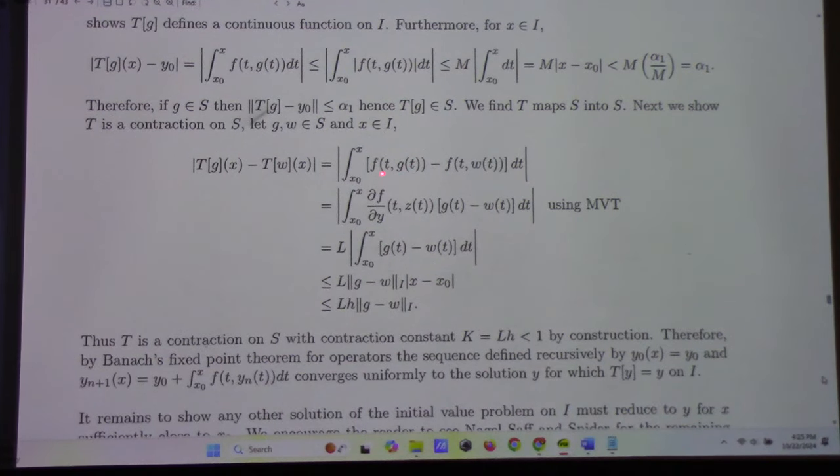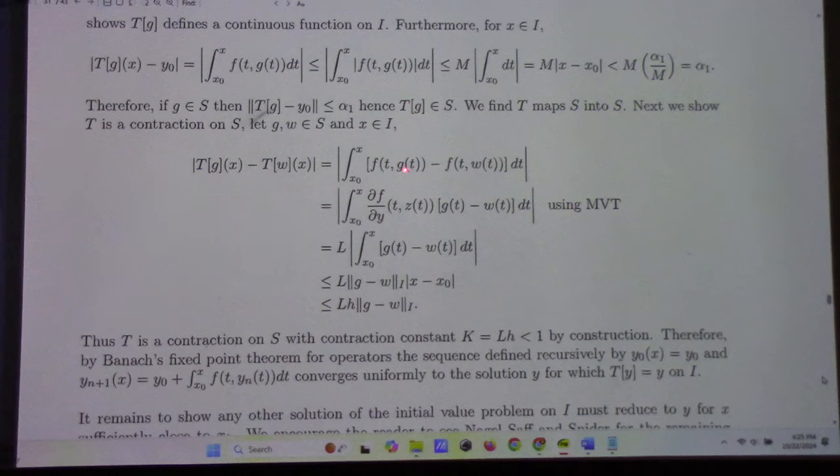And then this right here is the mean value theorem. Notice that the t is fixed here. So if you apply the mean value theorem to the derivative with respect to y for this function in two variables, for each t there's some z of t which is between g of t and w of t, such that the partial derivative with respect to y at that particular z of t gives us the average change equal to the instantaneous rate of change, which is the MVT.